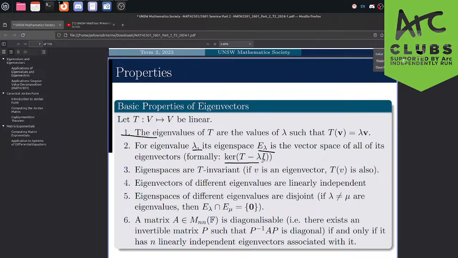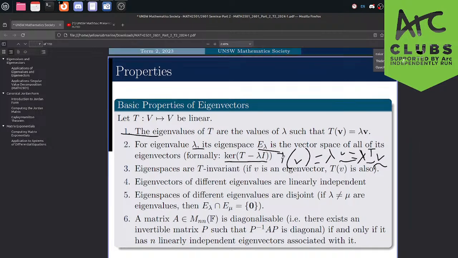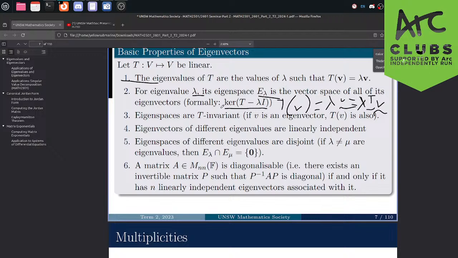Formally, we write this as the kernel of T minus lambda I. This comes from the idea that if you have TV equal to lambda v, then you can write lambda v as lambda times I times v, and rearranging, T minus lambda I applied to v gets mapped to 0. So v is in the kernel of that matrix or map.